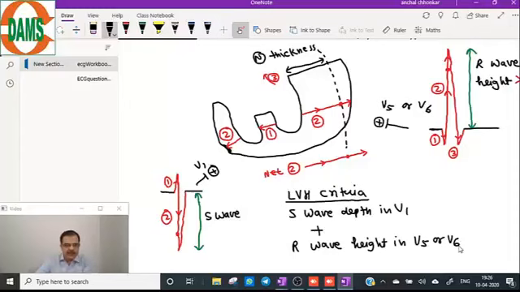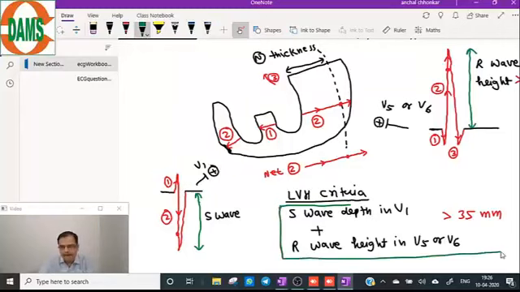So we combine two lead findings, S wave depth in V1 as well as R wave height in V5 or V6. If this is more than 35 mm, this is considered the best criterion for LVH. More than 35, S wave depth as well as R wave height.